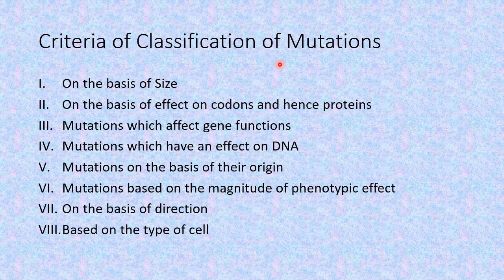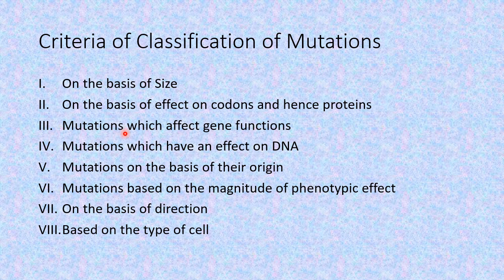There are various criteria on the basis of which we may classify the different types of mutations. These mutations may be classified on the basis of their size, or on the effect that they cause on the codons, and hence on the proteins that are formed on those nucleotide sequences.